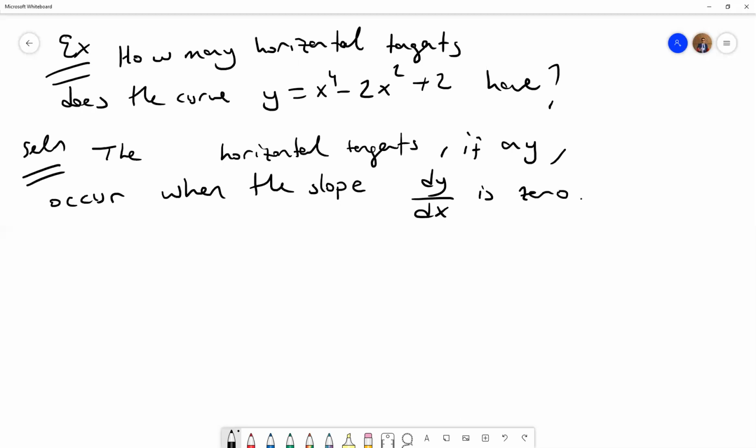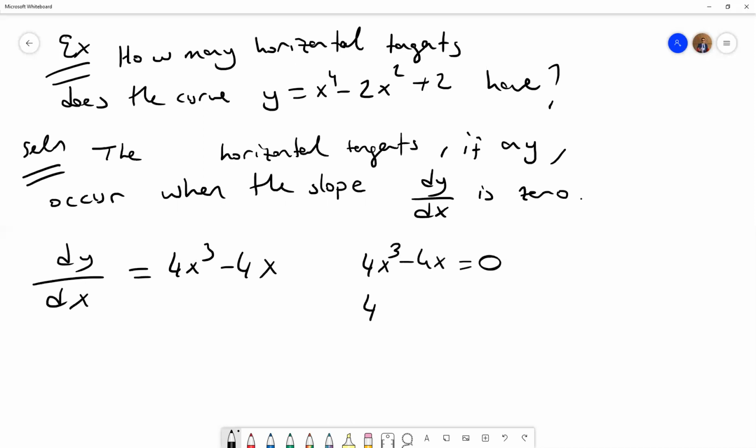So it is understandable that we are going to find dy over dx equals 0, and dy over dx is 4x cubed minus 4x, so that equals 0, and in parentheses 4x, and we have x squared minus 1.